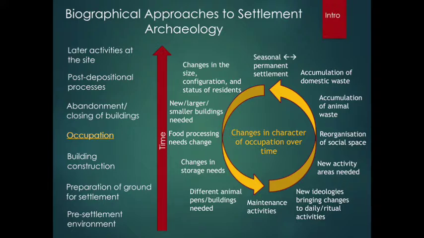Food processing needs might change, storage needs might change. You might need different kinds of animals, so you want different kinds of animal enclosures on a site over time. And this might have to do with changing economics, but it could also have to do with changing status. It could also have to do with changing ideologies, worldviews, and all of these things can change a site while it's being occupied.